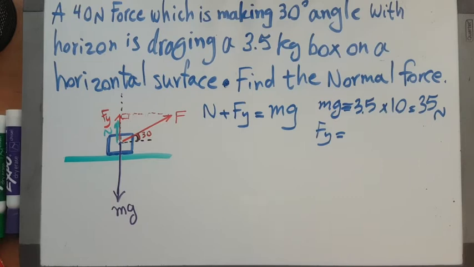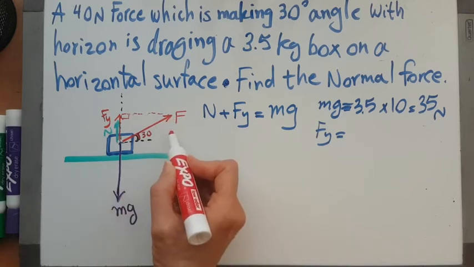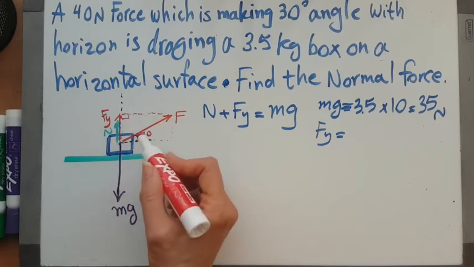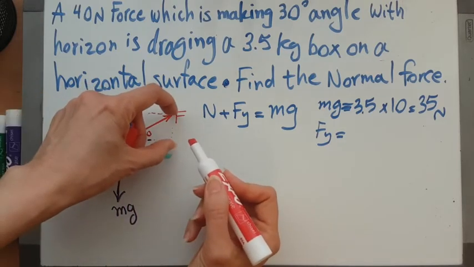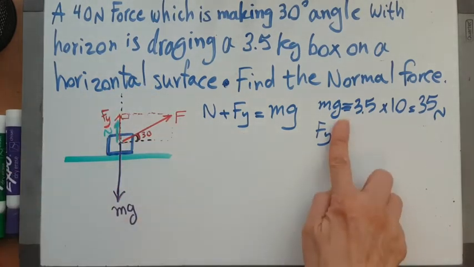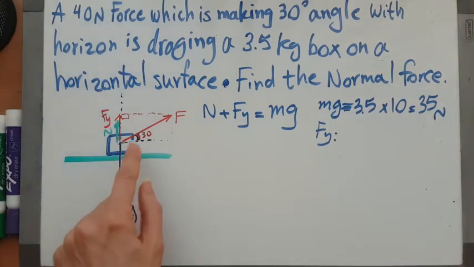Fy, in here I can see that if I have a triangle in here, sorry, if I have a rectangle, actually, if you look at this rectangle, you can see that this side would equal to this side, and this is the opposite to this angle.